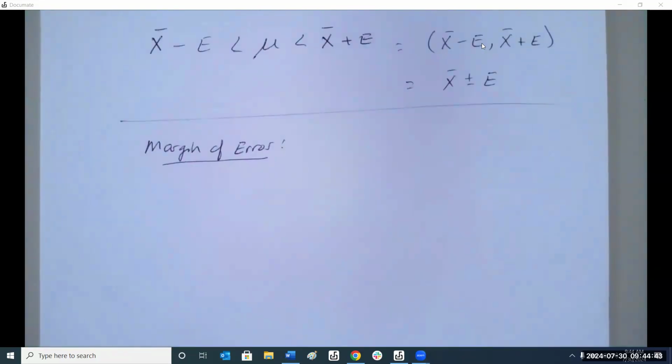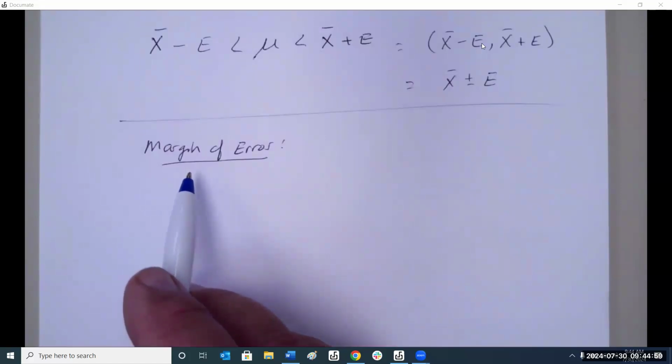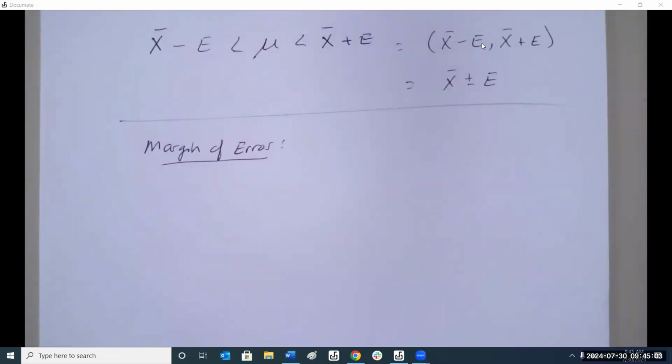When we say margin of error, what are we talking about? It's in the name. What does a margin mean? It's a range. A margin.